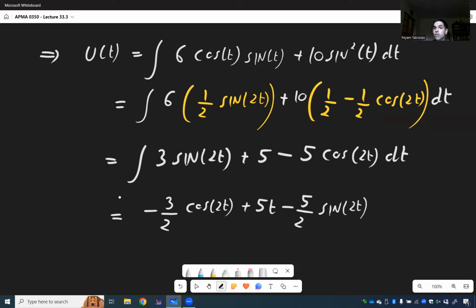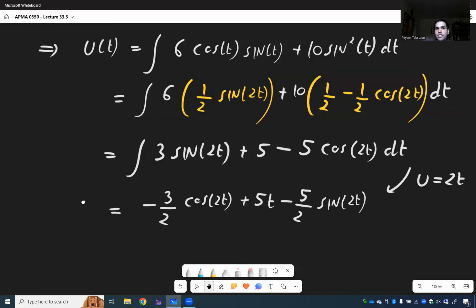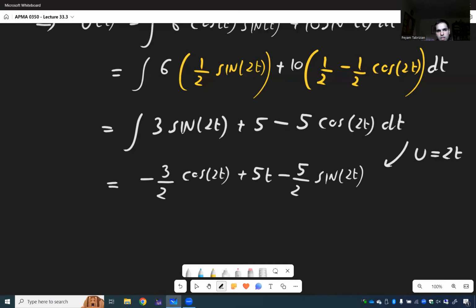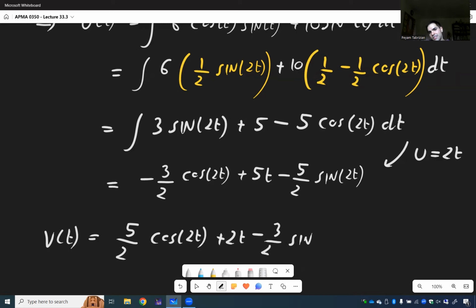And if you're confused about this dividing by 2, I just use a u sub, u equals 2t. So that was u of t. I will not torture you with v of t. So v of t, again, you integrate this monster, and then you can get 5/2 cosine of 2t plus 2t minus 3/2 sine of 2t.